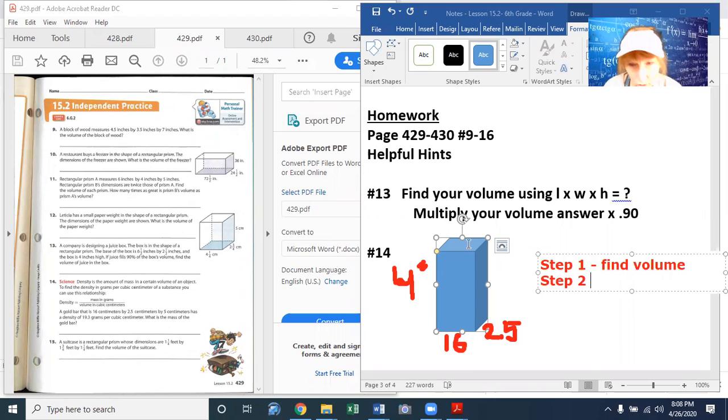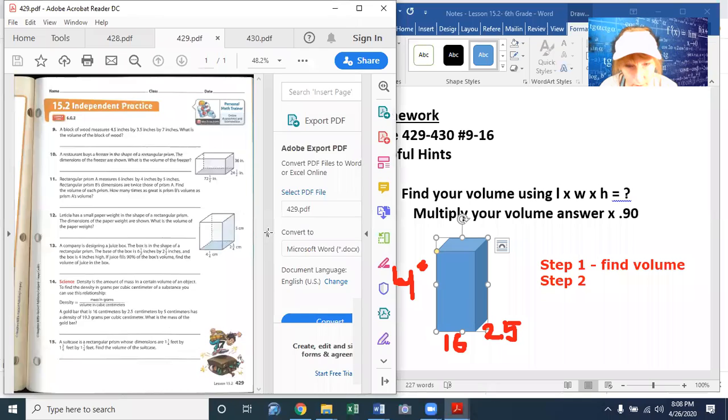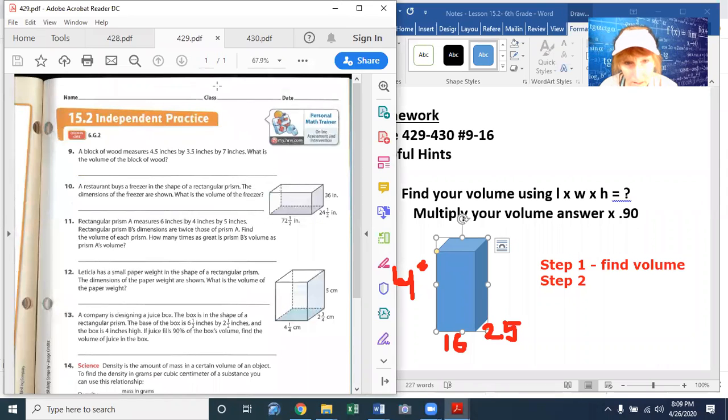So let me just show you a little thing here that you could use. If I had a triangle, I'll make a triangle over here. If I close this out, there, a little bit more room now. So if I make a triangle, I'm going to show you this. You can do this with any proportional formula.